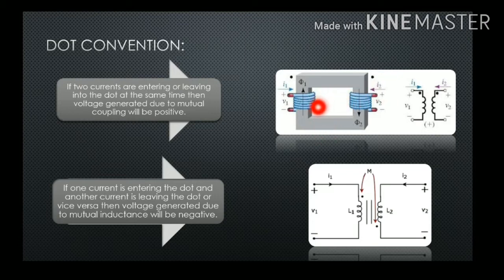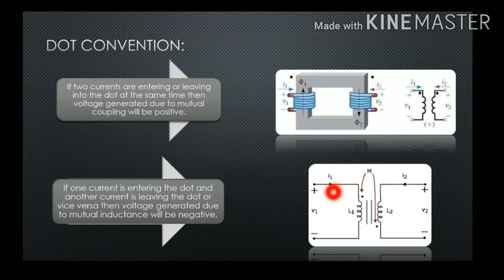This same case is valid when the current leaves both the coils, but only the current values change in the expression. The expressions will be demonstrated in the upcoming slides.